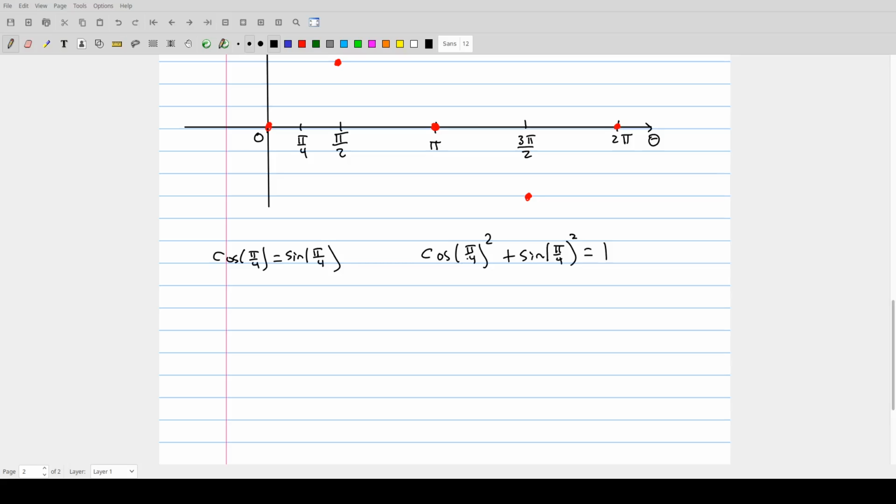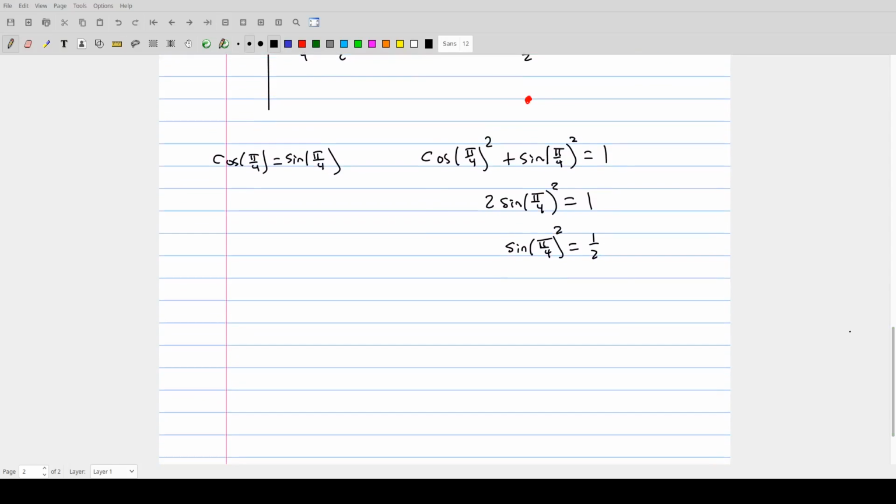Because cosine of pi over 4 is the same thing as sine of pi over 4, this is 2 times sine squared of pi over 4 is equal to 1. So then sine of pi over 4 squared is equal to 1/2.